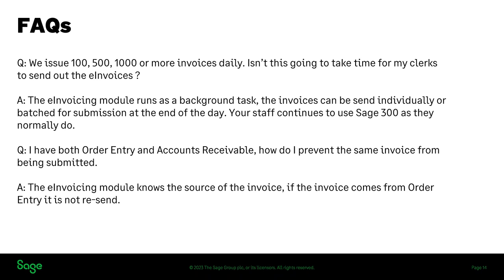We know where the invoice is coming from, whether it's coming from OE or AR. If that invoice resides in order entry and it gets set up for submission, we mark it and it doesn't get resubmitted out of accounts receivable by accident. So there are checks and balances built into the e-invoice module to prevent those things from happening.